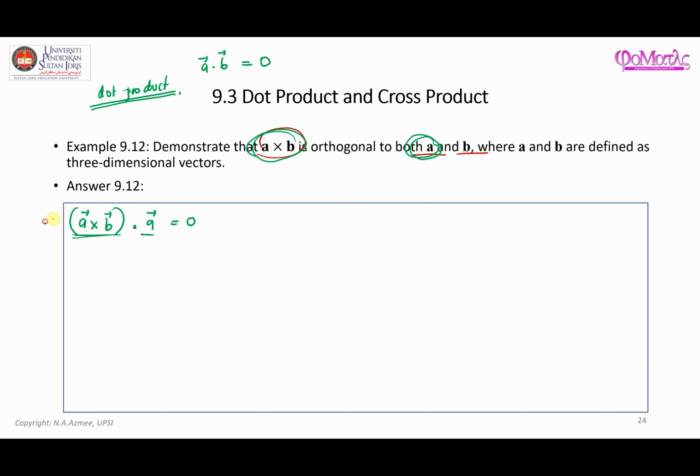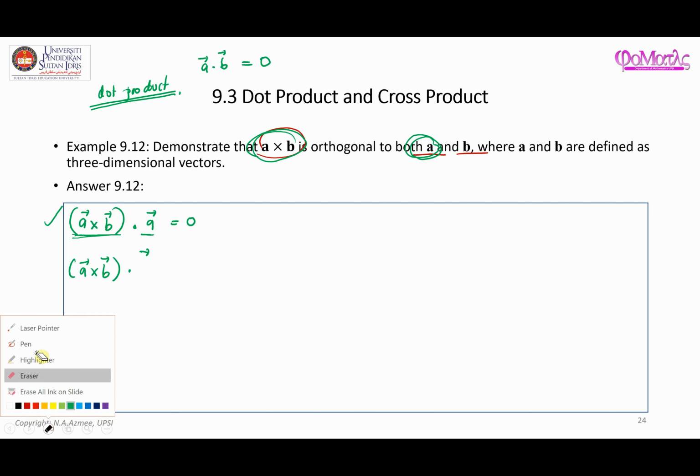So this is what you need to show for the first part, and you also need to show that the cross product of A and B is also orthogonal to vector B, and the answer should also be equal to 0.